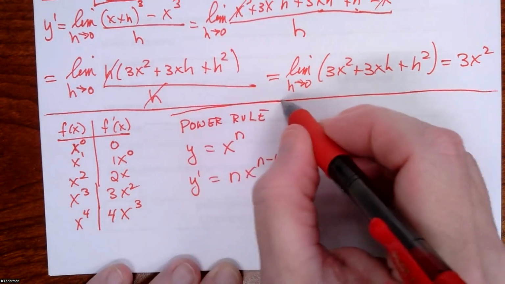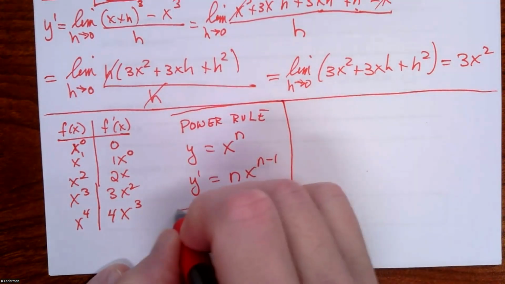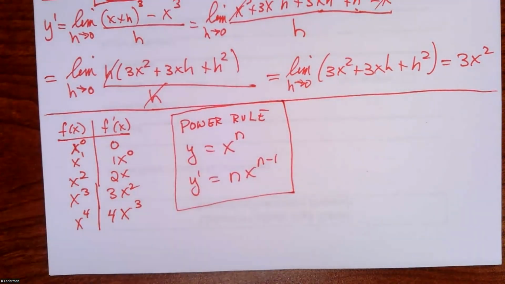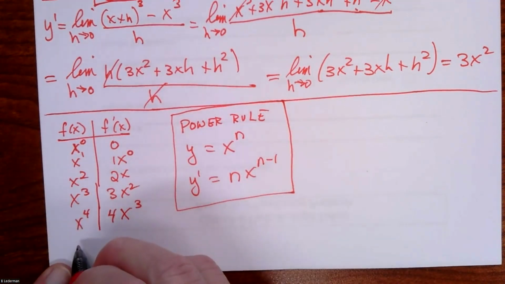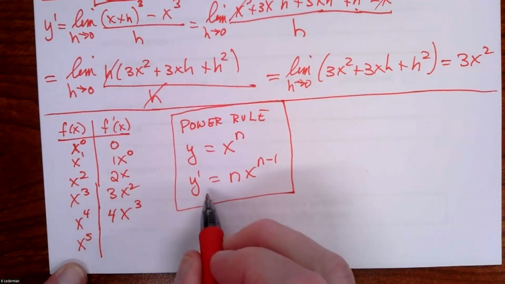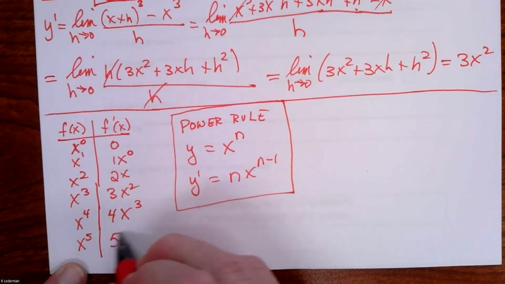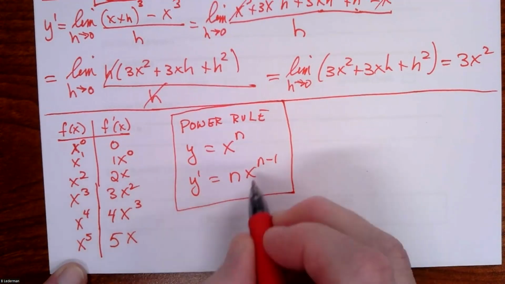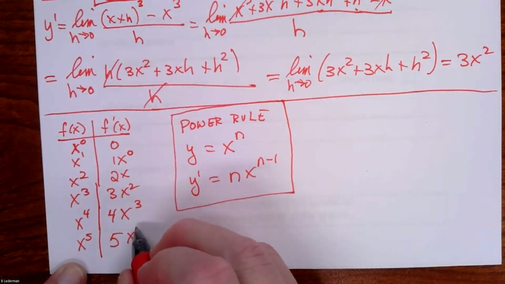And that's the power rule. And so therefore, if I would have x to the 5th, so here n is equal to 5. So y prime is going to be n, which is 5, times x to the 5 minus 1, which is 4.